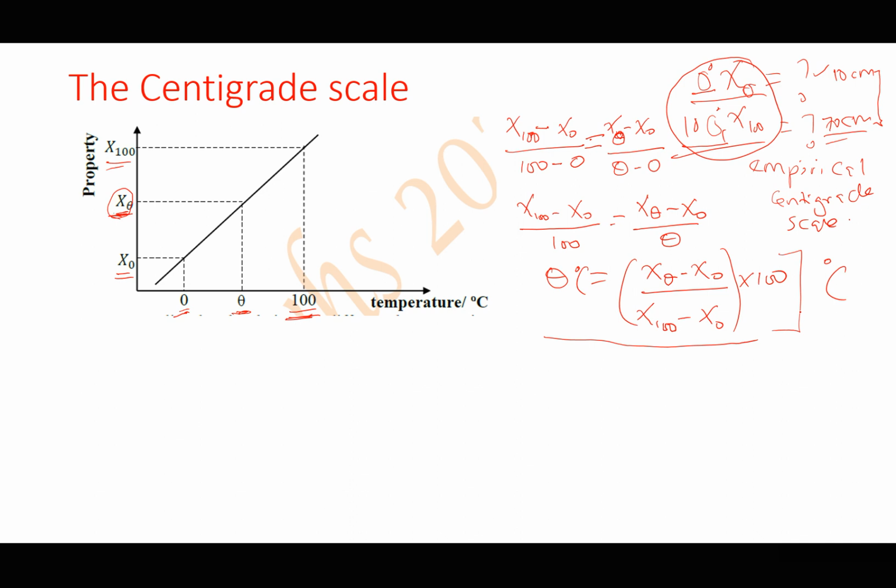Then the question would be, why does this happen? Why is it that two thermometers used at the same point may not actually agree on the measurement being taken? I said it is important to realize that the choice of a different thermometric substance and a thermometric property may actually sometimes lead to a different centigrade scale.